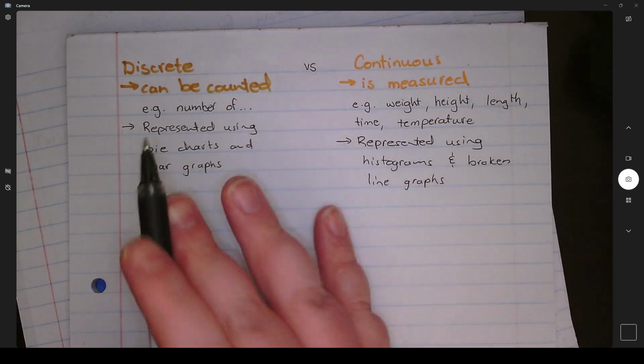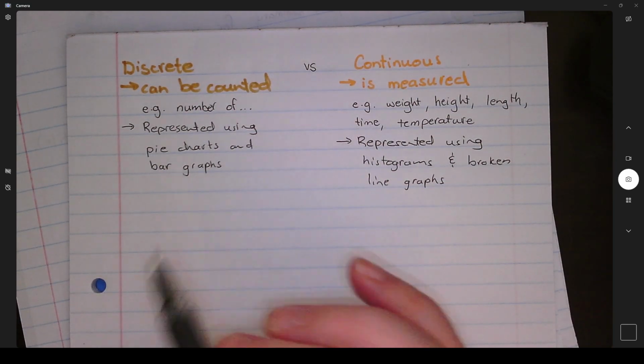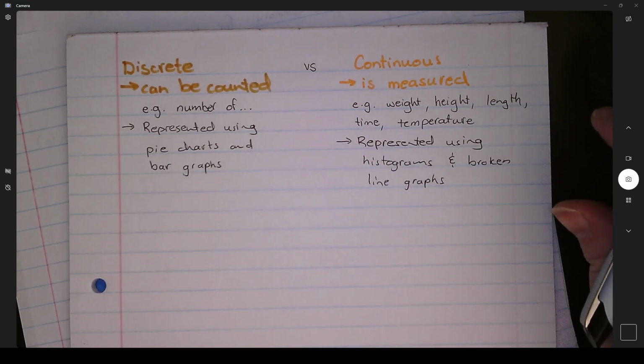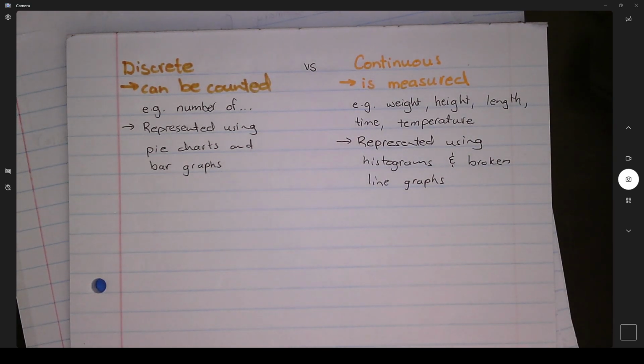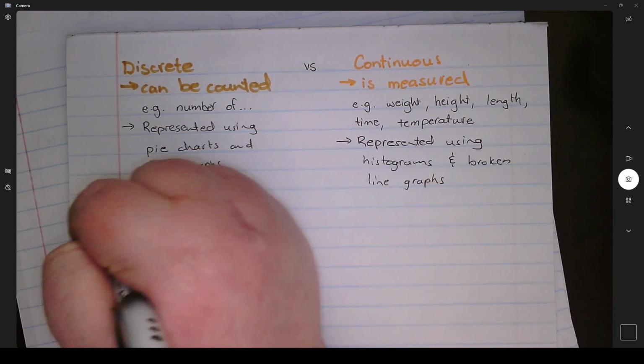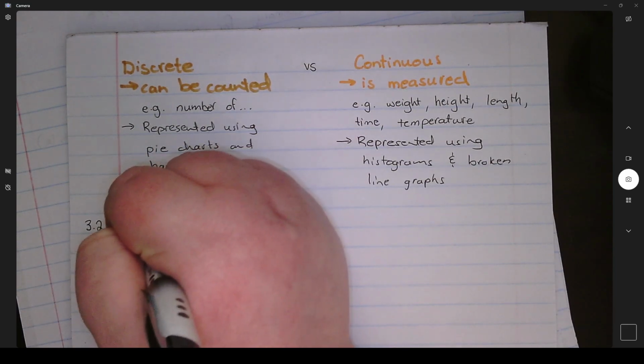So discrete data can be represented using pie charts and bar graphs. Continuous data is represented using histograms and broken line graphs. So again, we're looking at the weight of the two teams, which means that we are working with continuous data.